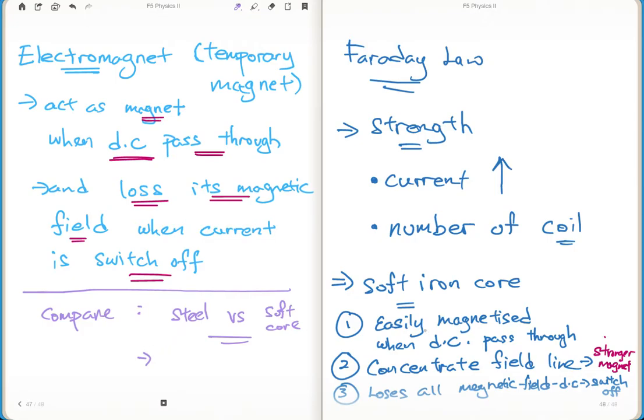What happens if you have a coil around a nail, lots of coils, and subject it to a huge potential difference or direct current? What happens for steel? It becomes a permanent magnet.